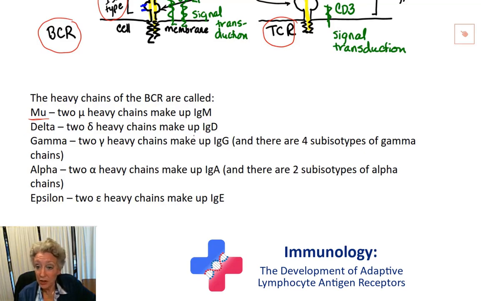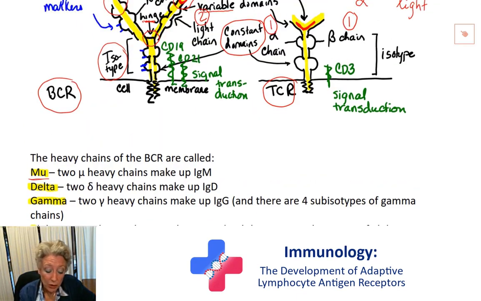Delta would make up IgD, etc., as we go down the list. So we simply took the Greek letter that pertains to the English letter for that type of immunoglobulin or constant domain. Now realize that those names also designate what I just termed the isotype of the molecule. So the family is IgM or IgG or IgA. The family is also the isotype.